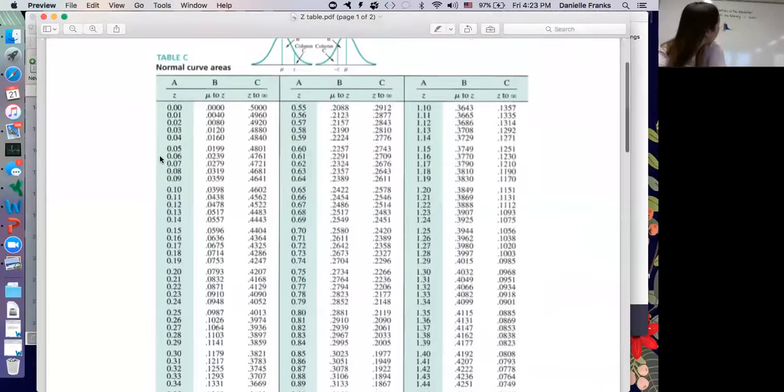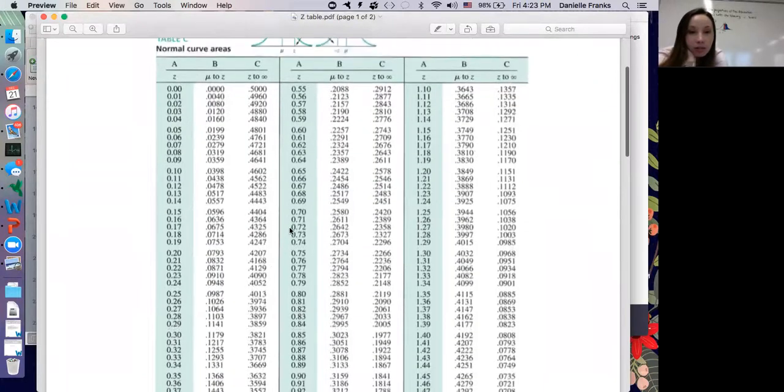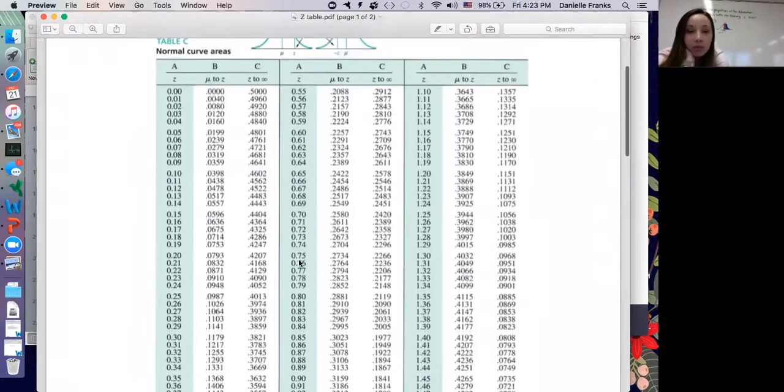So the Z-score that we are interested in is 0.75. So here is our Z column, 0.75 is our Z-score. We want column B. Here is our proportion, 0.2734. So that is the proportion of the distribution shaded in red.